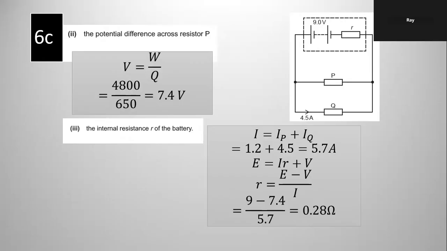7.4 is the potential difference across P and Q. It's across P, so across Q it's the same. Only the current passing through P and through Q is different, as they are different resistors. Teacher, so 7.4 is applied to P and Q also.